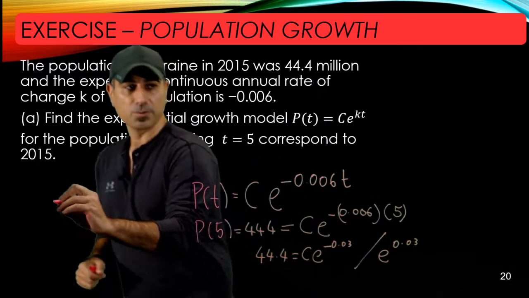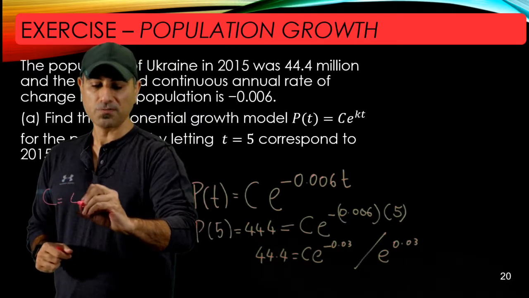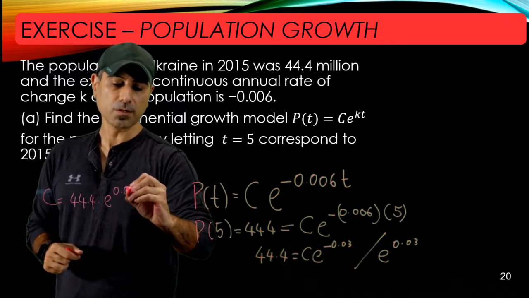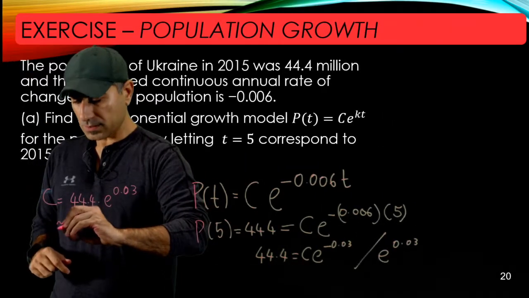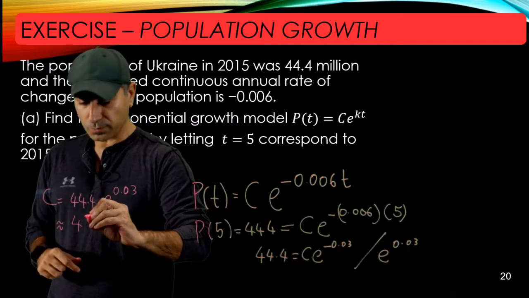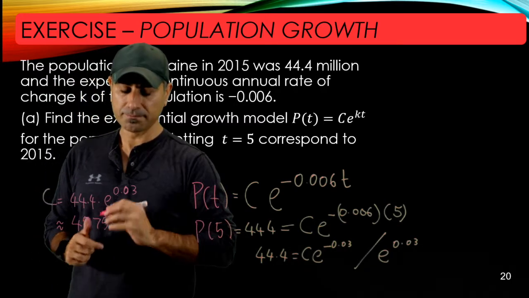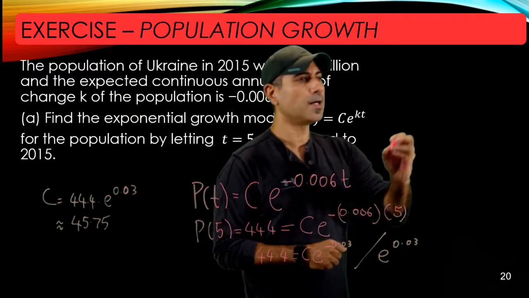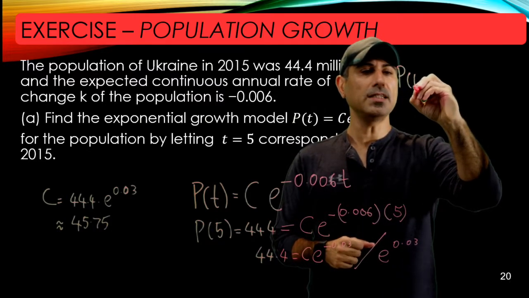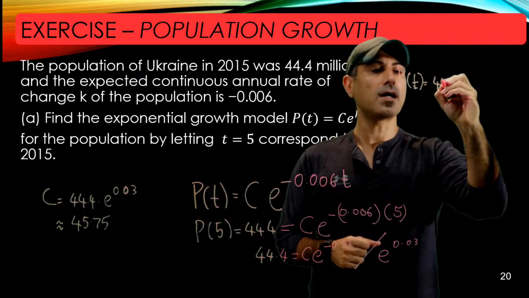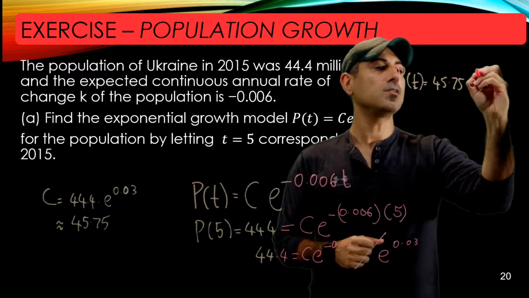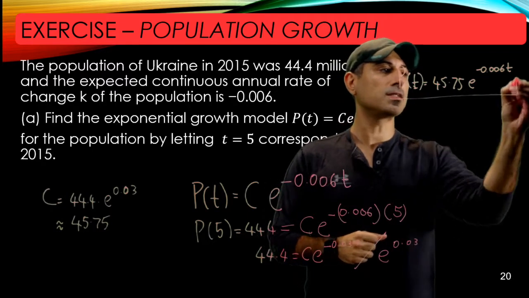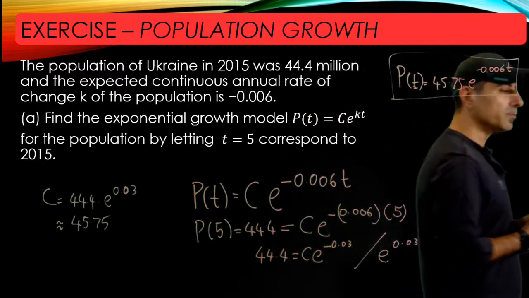So c would turn out to be 44.4 times e to the 0.03, and that is approximately equal to 45.75. Right? So I can go back to the model and rewrite the model here with c now known. It's 45.75 times e to the minus 0.006 times t.